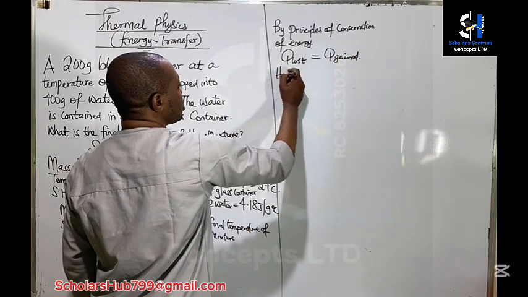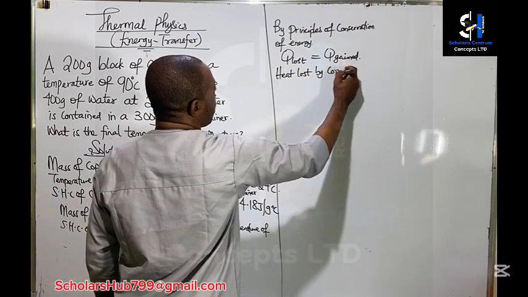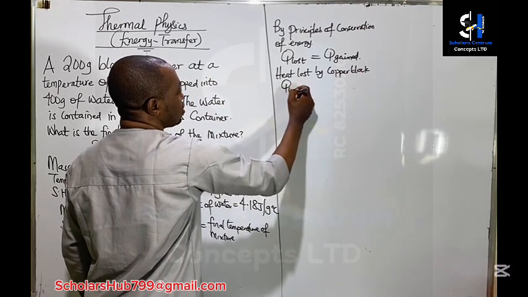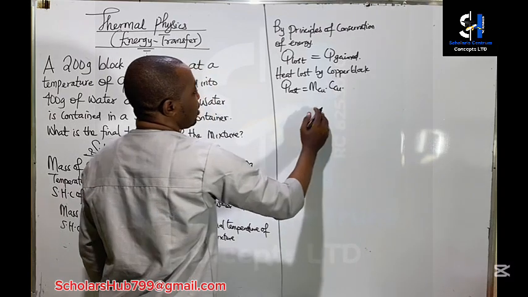So the heat lost by the copper block, Q lost, will be the mass of copper multiplied by the specific heat capacity of copper.